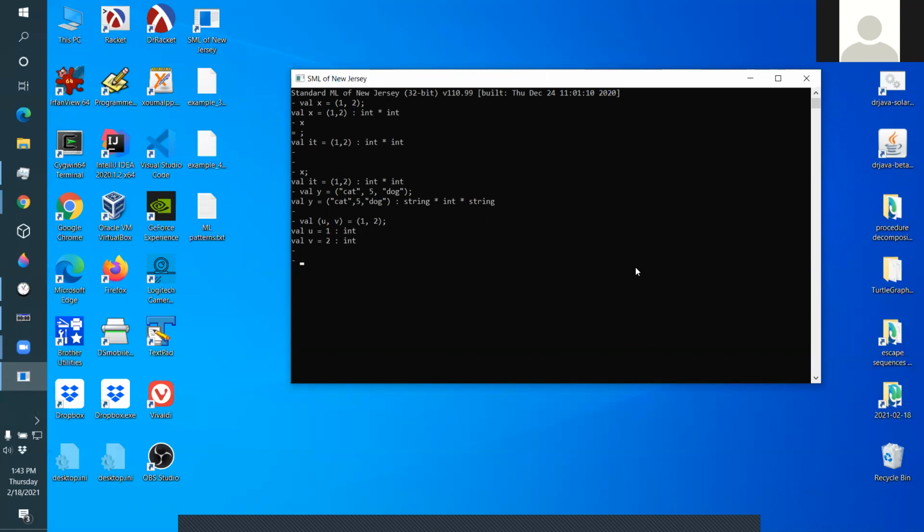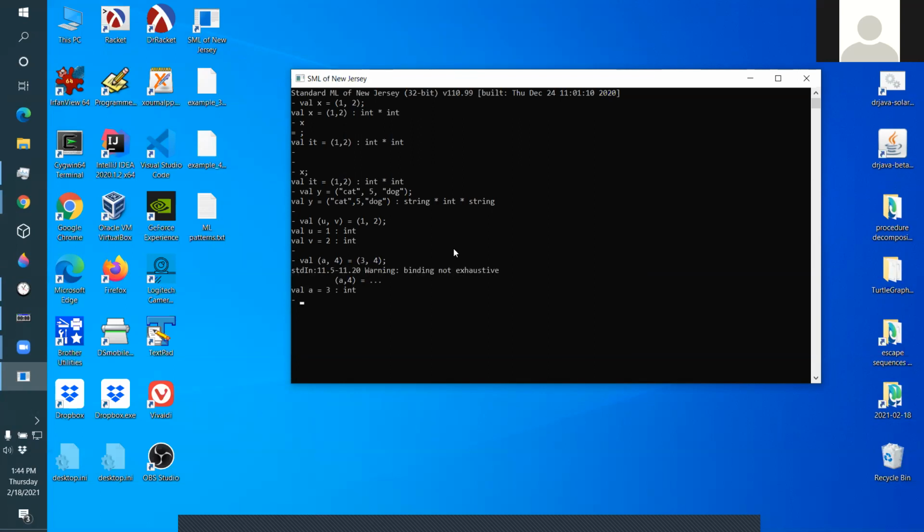Okay, here's another example. Val a comma 4 equal 3 comma 4. This is a pattern that should match that value. The 4 matches the 4, and then that creates the variable a that matches the 3. So I'm declaring one variable now.